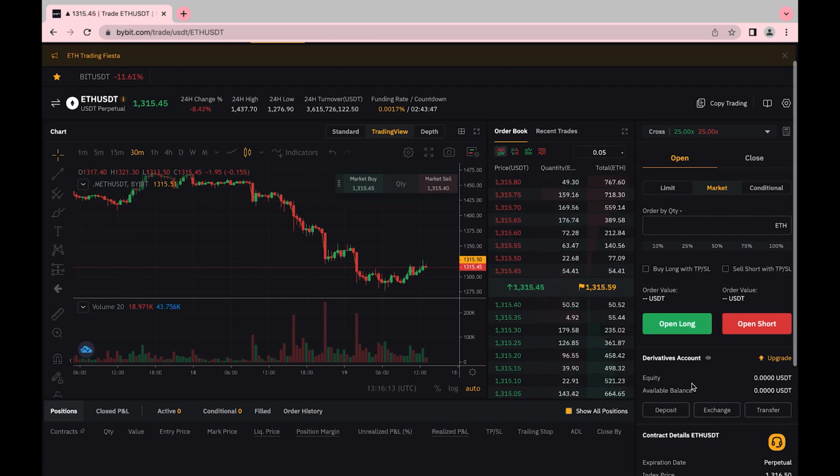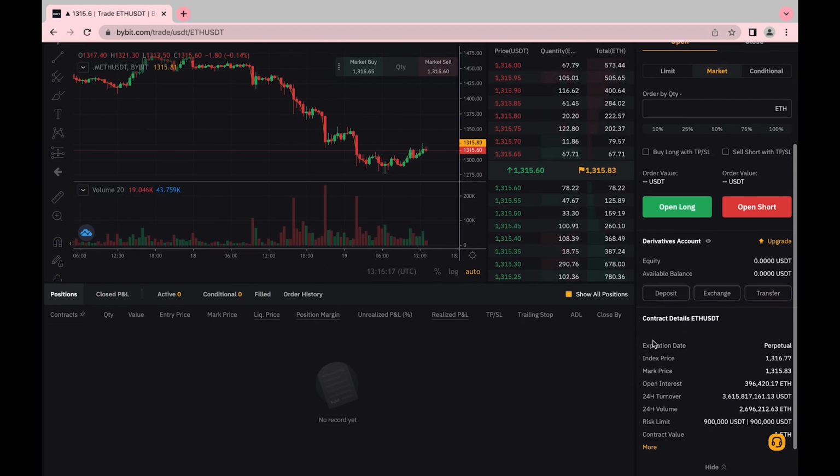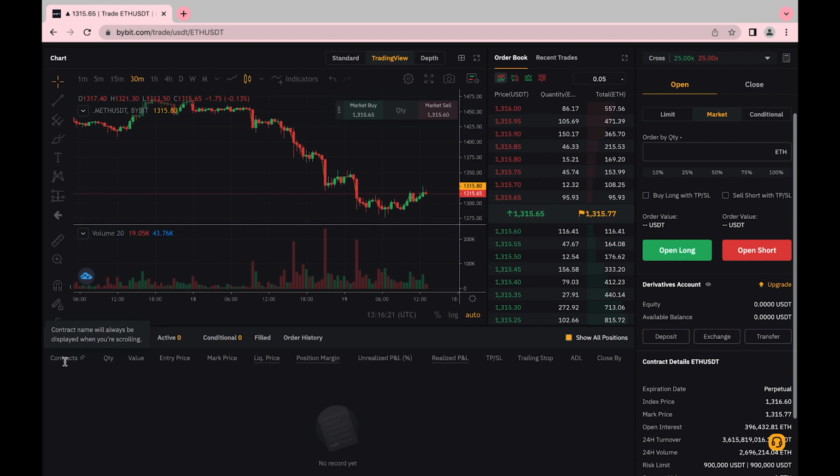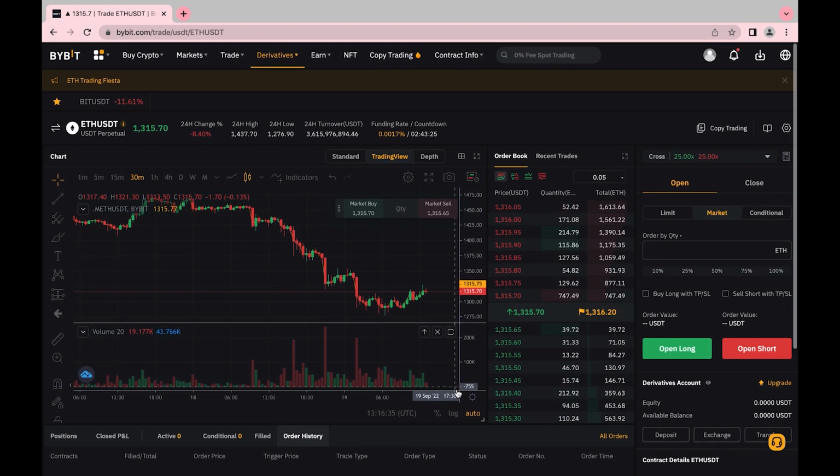Then we go below, and there we can find current contract details. On the right side, with the activity log to do with positions, closed P&L, active conditional, filled sections that finishes with auto history. Now you know what to start with.